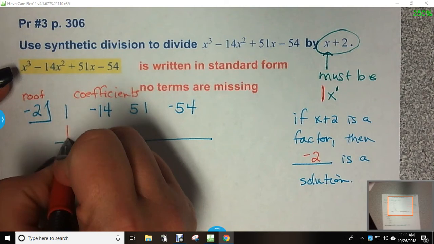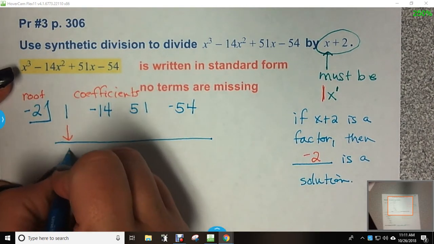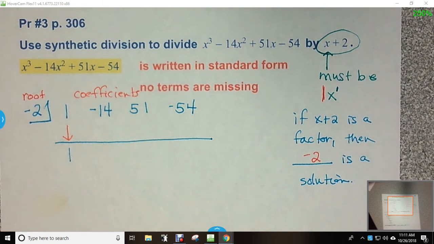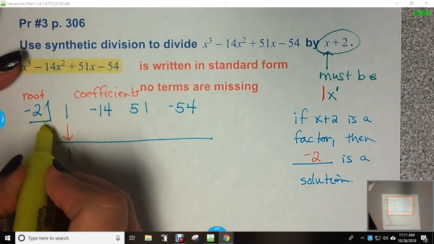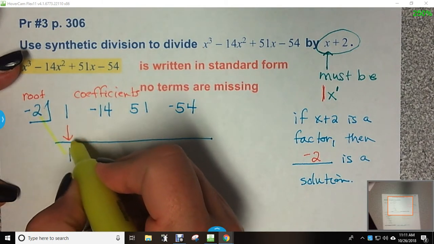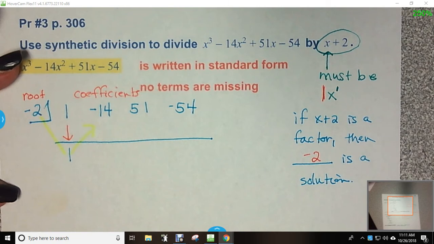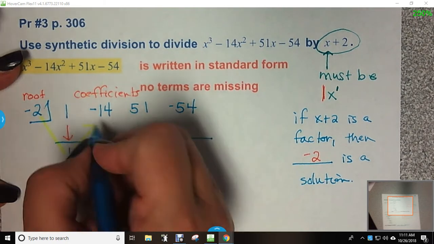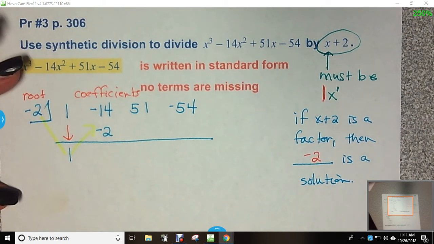So, step 1, you're going to bring that first number straight down underneath. Then, you are going to take the number inside the box times the number underneath, and you're going to put that answer in the next empty spot. So, negative 2 times 1 is negative 2. Combine that column.